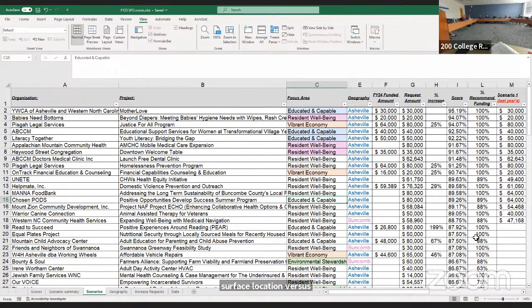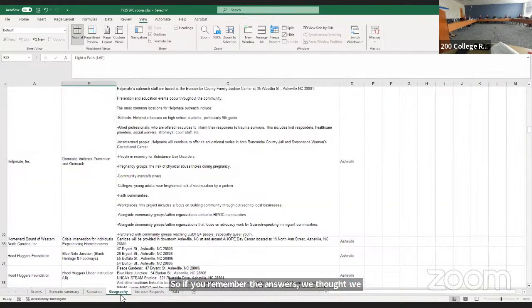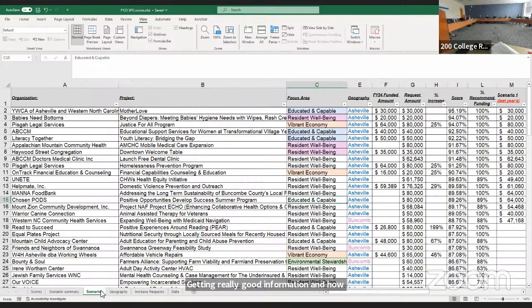And I would jump in there to say there were some editorial choices that we made to oversimplify the geography. If you remember the answers, we thought we were getting really good information about where these services will be delivered, and we included the report out of their answers to the geography questions on a tab so we can flip over and reference it, but it wasn't simple yeses and nos, and it was more narrative or qualitative information. So for the ease of trying to make quantitative data out of it, we used their zip codes.